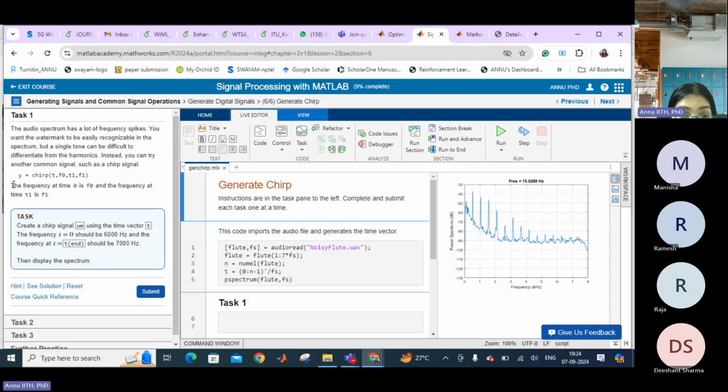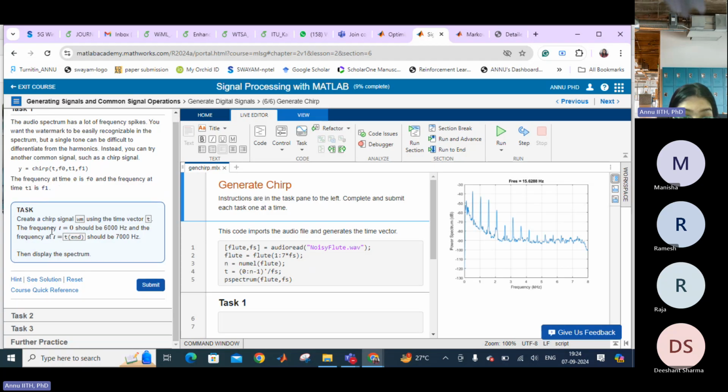For the chirp, the frequency at time 0 is F0, and the frequency at time T1 is F1. Create a chirp signal Wm using the time vector T. This is the time in seconds, with the number of samples of flute.